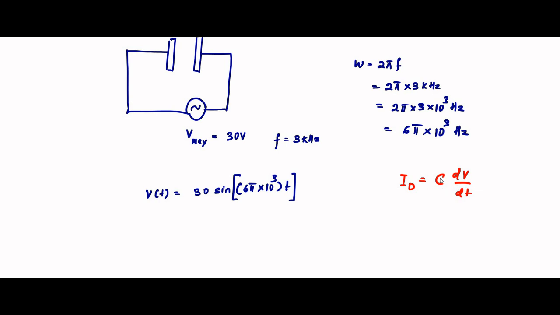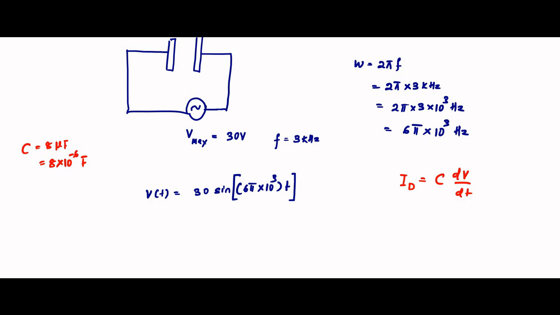C is the capacitance of the parallel plate capacitor, dV by dt is the rate of change of voltage or electric potential across the plates. Here the value of C is given as 8 microfarad, which is equal to 8 into 10 to the power minus 6 farad. So simply we'll put the value here.